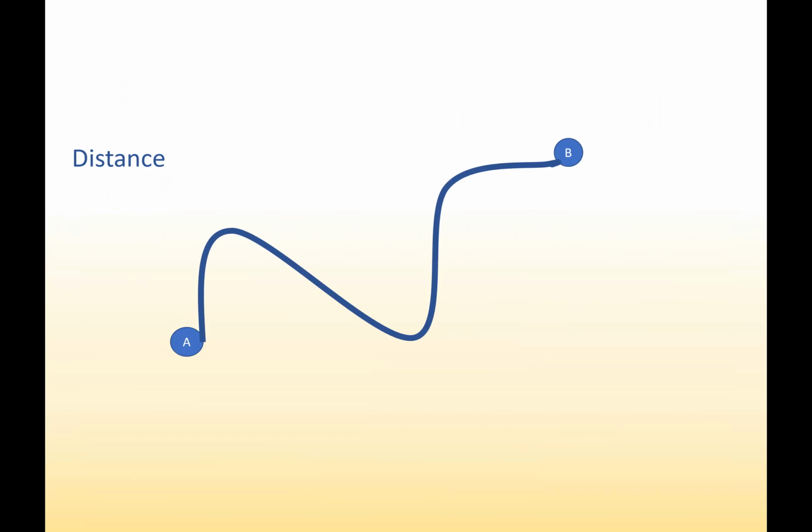Okay, looking at one of these, we've got distance here. We are going from A to B, and imagine this blue line as the road that we're taking. The distance is the length along that line. But if we just went as the crow flies, so straight from A to B in a straight line, that would be displacement.